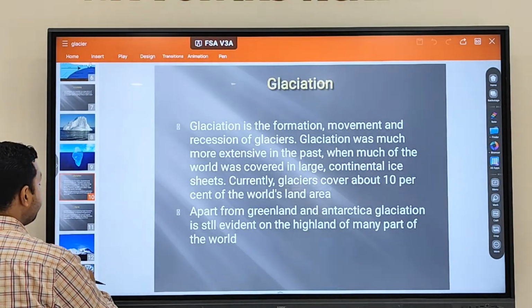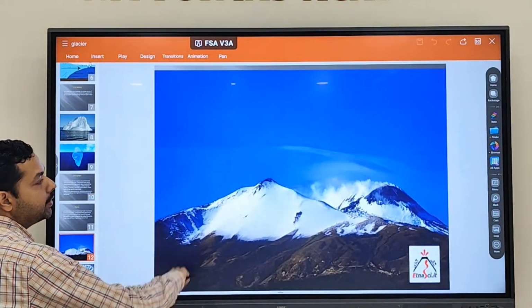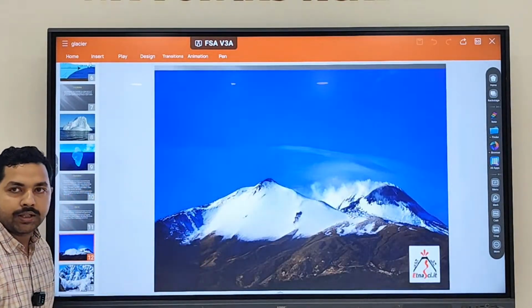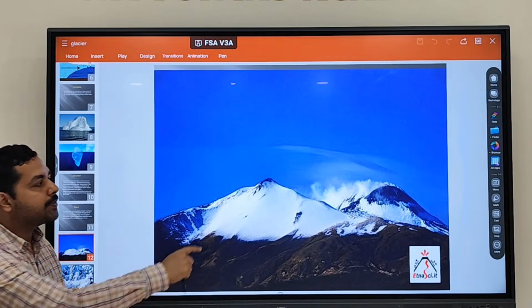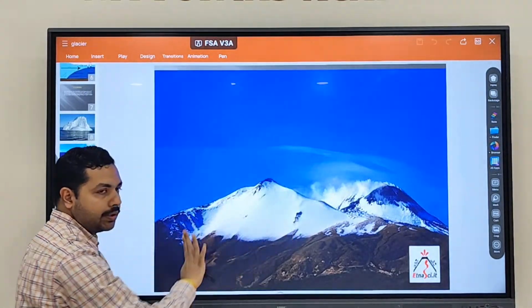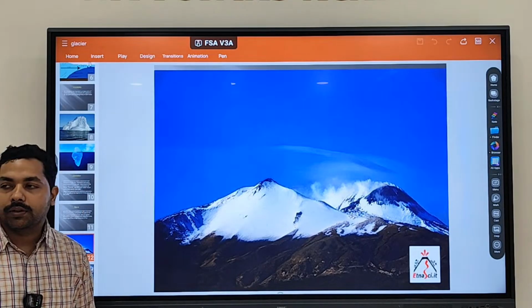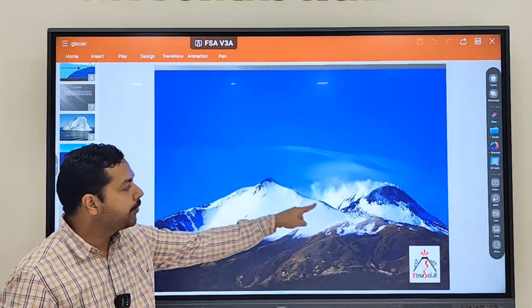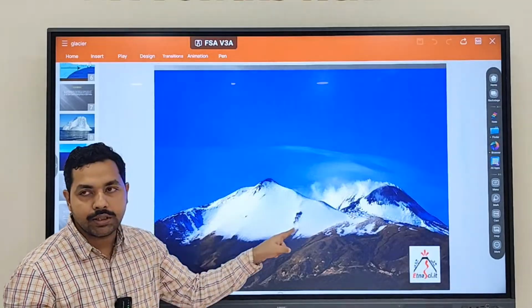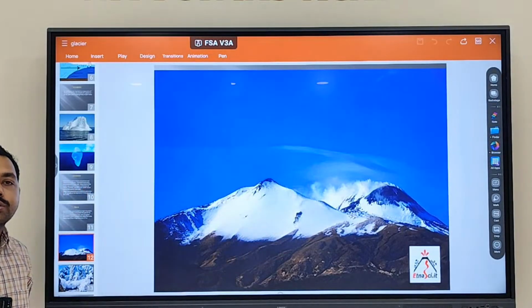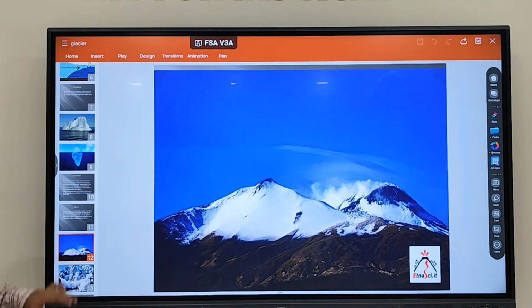So on the mountains, when mountains are covered with a glacier, you can see this is a mountain, a highland part. This part, when it is covered with a glacier, is going to be called a neve. Clear? The top of the mountain covered with a glacier is called a neve. So what is a neve?